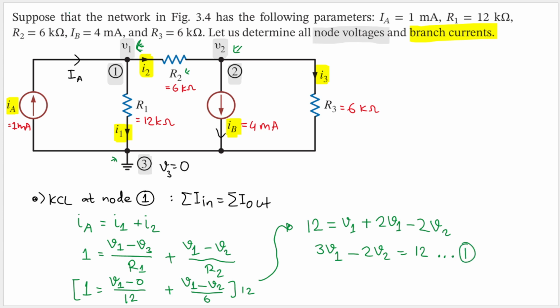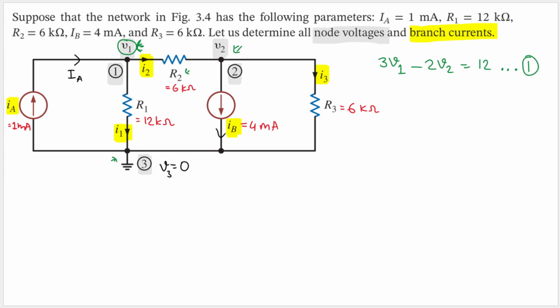So from this first node here on V1, we get this equation here. But then we have 2 variables. We need 1 more equation to solve. Okay, let's clean them up first. So far we got this equation from the node number 1. And now let's do the other node here, which is KCL at node number 2.